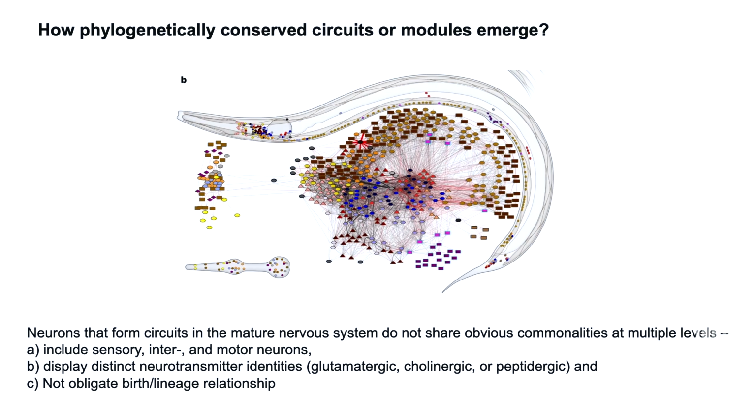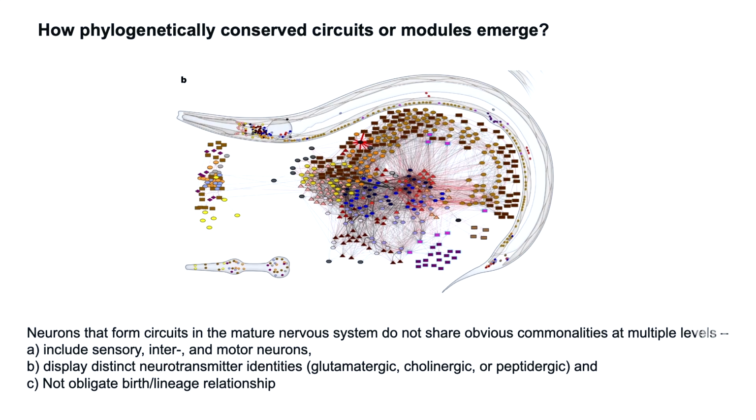Many circuits have interneurons, sensory neurons and motor neurons together, performing one particular task. So tomorrow I can talk about how these circuits emerge. Okay, any other questions?